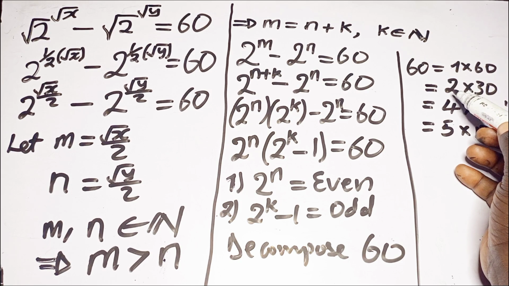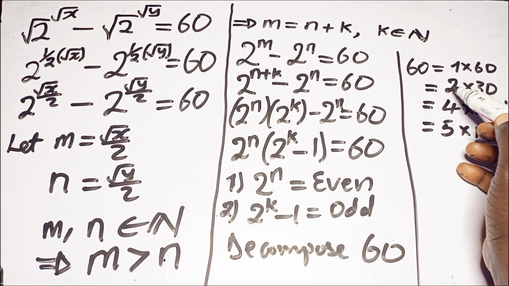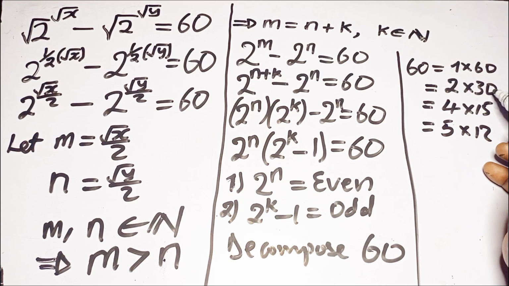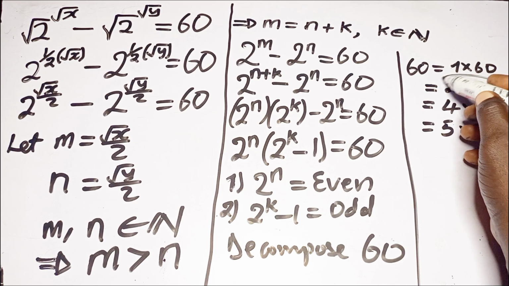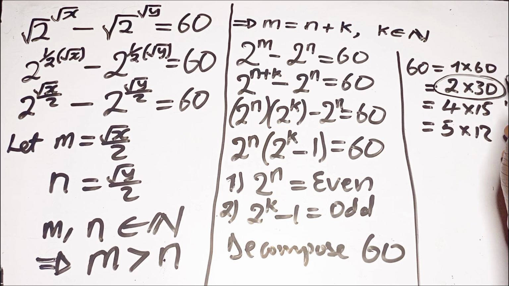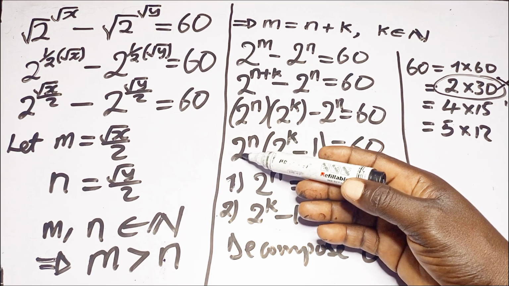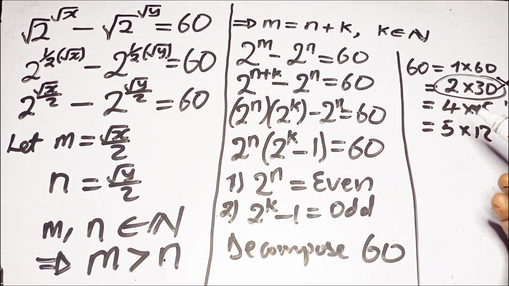Now, what about the second decomposition? 2 times 30. This is even, this is even. So automatically, this choice is out of place. All of them are even. We're supposed to have even and odd. Coming over here, we have even, we have odd, yes.